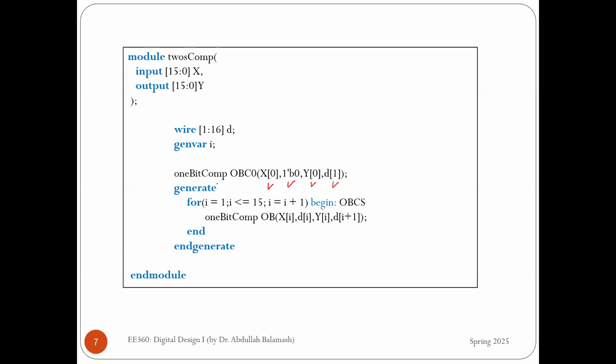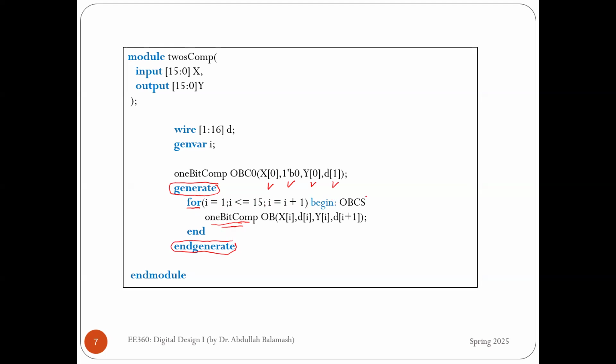To do the loop, to have so many calls for a module, we need to use a generate block. We say generate and endgenerate. Then inside this block, we have a for loop: for i equal to 1, i less than or equal to 15, i equal i plus 1, then begin.